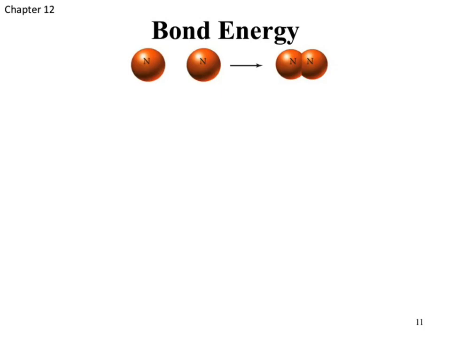What we're talking about is we have atoms at relatively high energy, and we have bonds at lower energy. To go from atoms to bonds, there's an energy difference. That energy is now released to the system as heat.